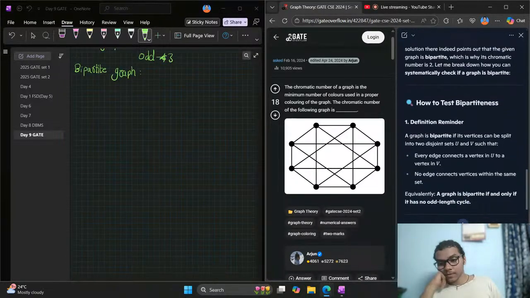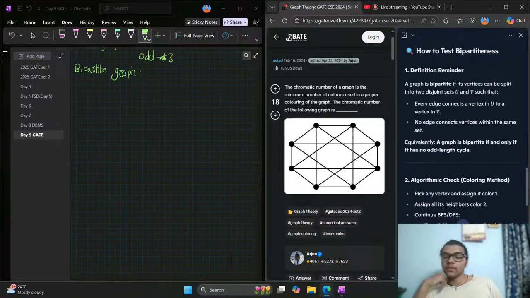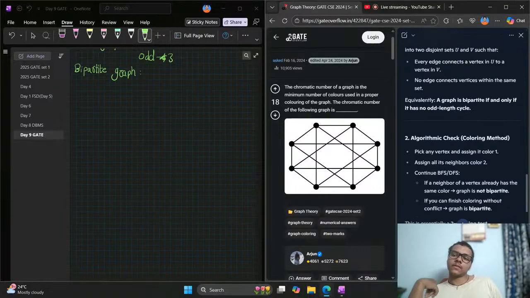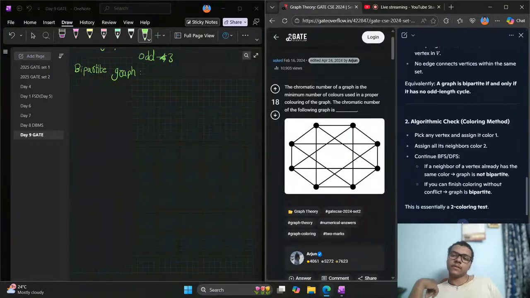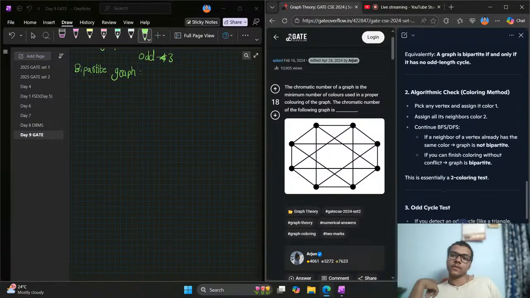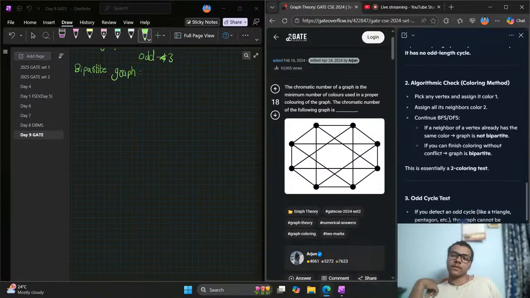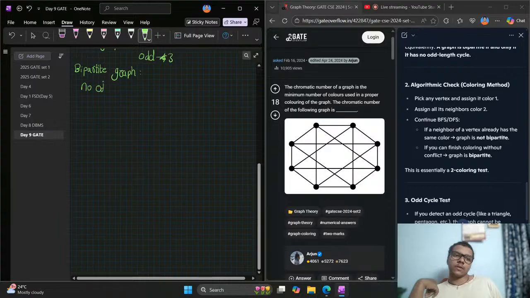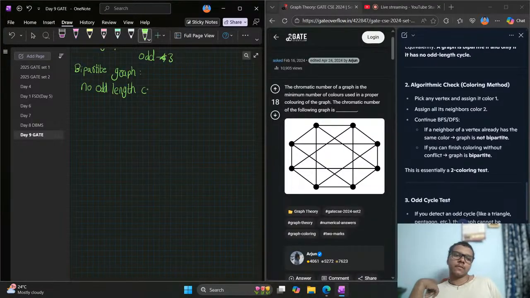A graph is bipartite if its vertices can be split into two disjoint sets such that each edge connects a vertex in U to a vertex in V, with no edges connecting vertices within the same set. So the graph is bipartite if it has no odd length cycles. Okay.